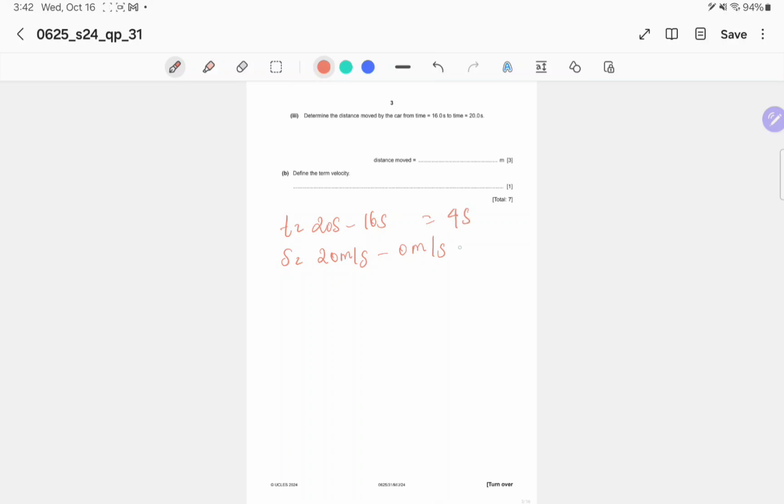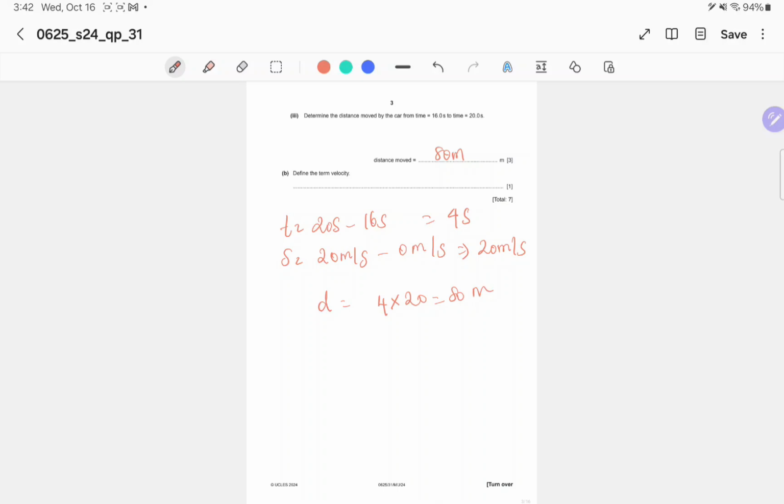So distance moved, D is equal to 4 into 20, which is 80. Sorry, not meter per second, it is meter alone.